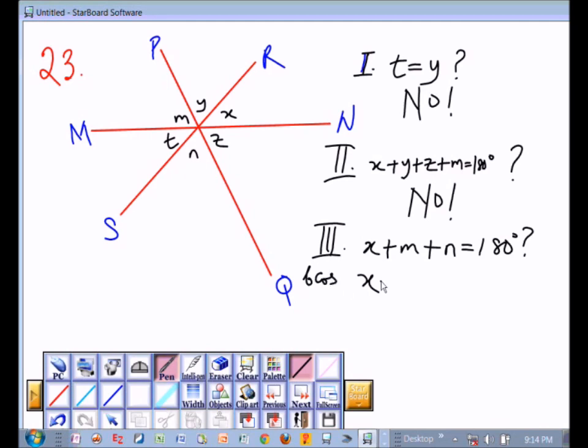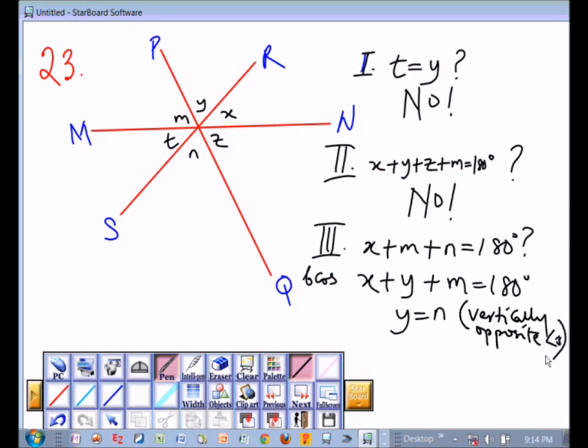Considering the latter, whereby x plus y plus m gives us 180 degrees, and also because angle y is equal to angle n for the reason of being vertically opposite angles, all we have to do is replace y with n in the statement above, so that it justifies the given option whereby x plus n plus m is equal to 180 degrees.